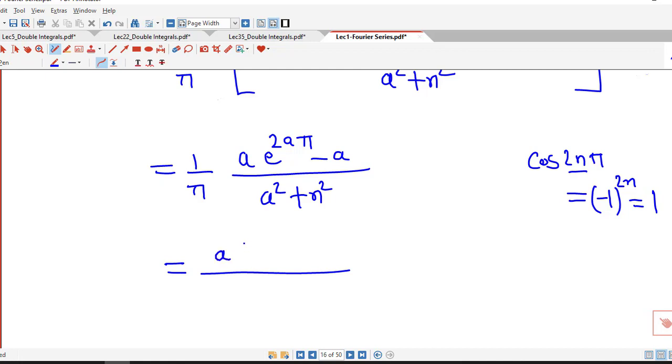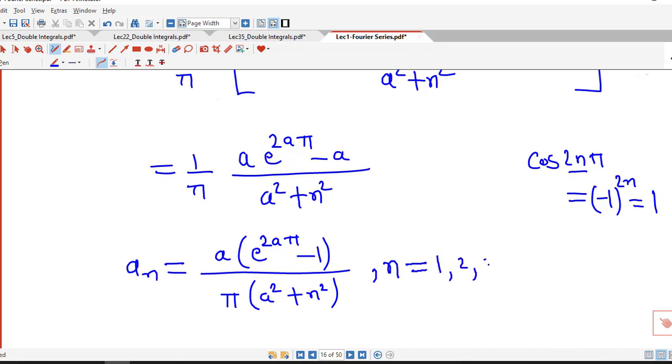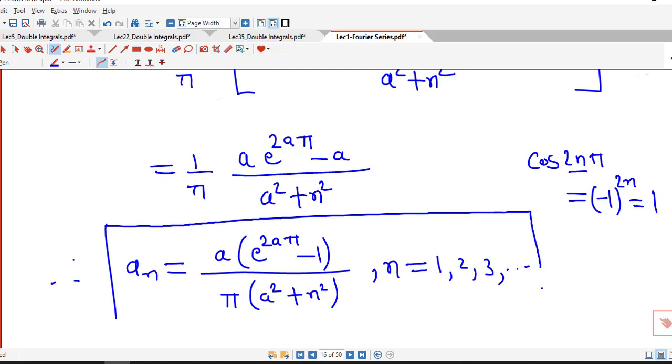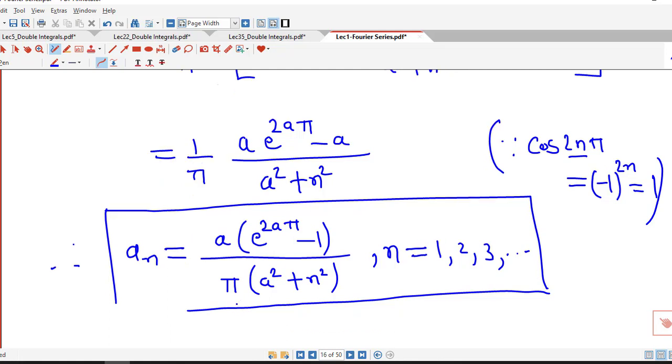So we have a times (e raised to 2a pi minus 1) divided by pi times (a square plus n square), and these are the coefficients an for n equal to 1, 2, 3 and so on. So we have obtained the Fourier coefficients an. Here we mention in the bracket that cos 2n pi is 1.